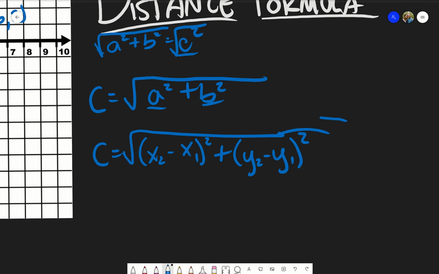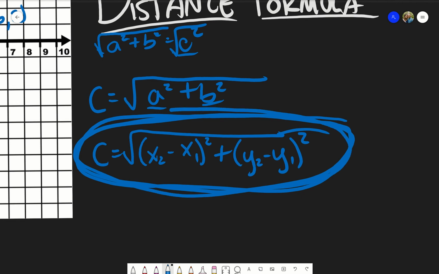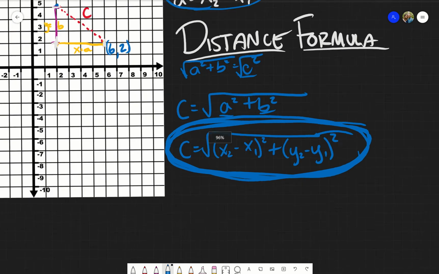And so this right here is our distance formula. I know it seems like a lot of symbols and letters, and there's some numbers in there, but they're not actually really numbers. It's a lot of information, but we're going to break this down so that you understand how to use this formula to find the distance between 2 points.